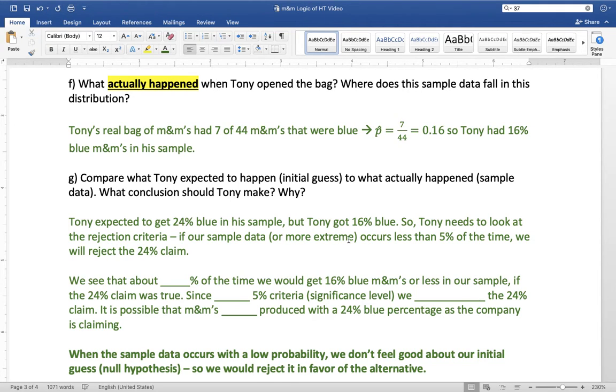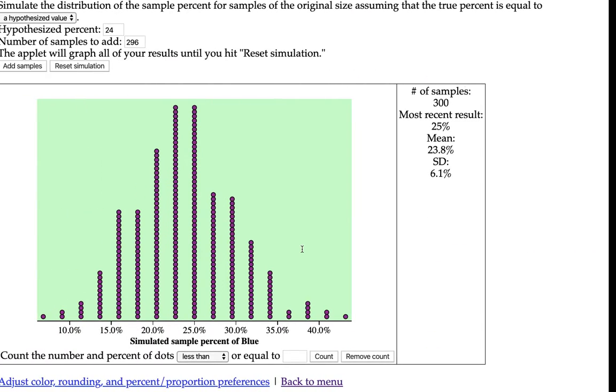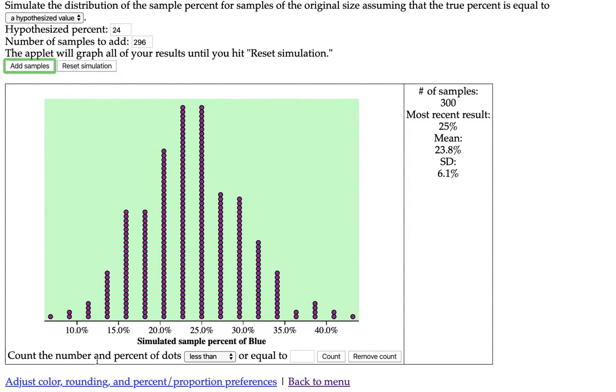So really, all we need to do is figure out the probability of our sample data occurring or more extreme, even worse. In this case, something like less than 16% blue, so maybe 10, 12. So we're going to look at that and find the probability of that occurring. The way we can do that is just look at your dot plot. If you look at your dot plot, let's count the number of dots that are less than or equal to what we got, 16%.